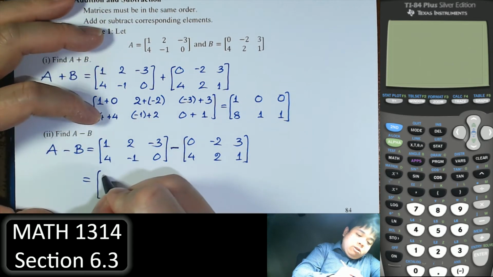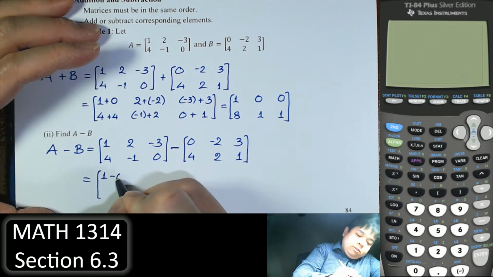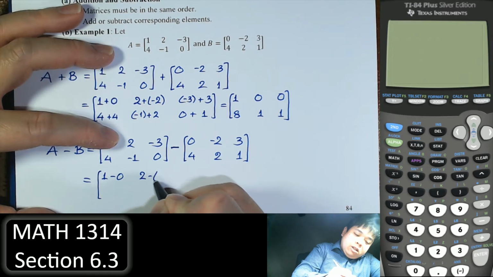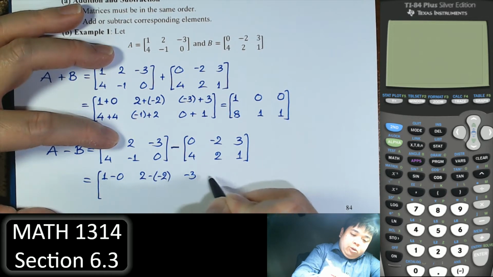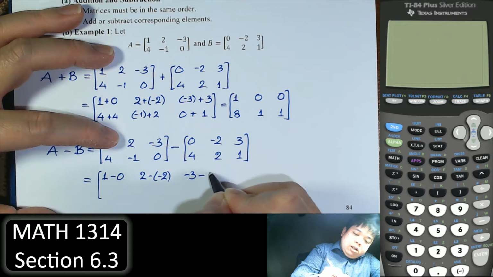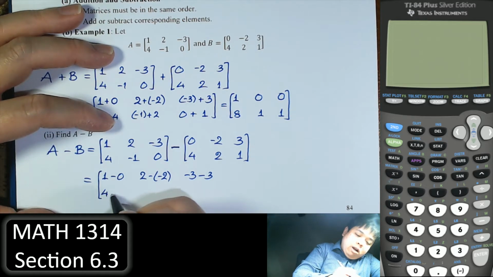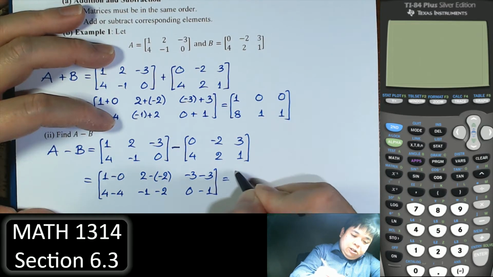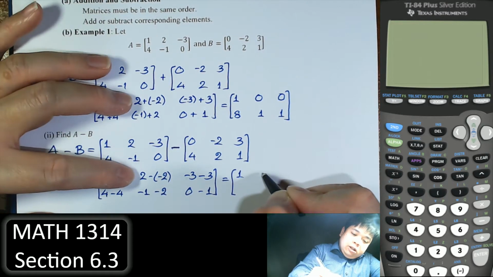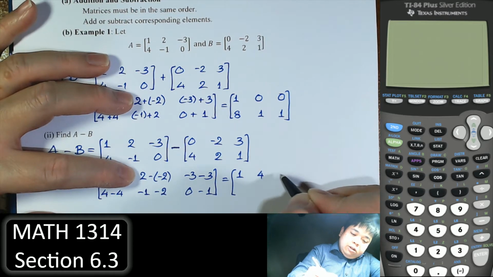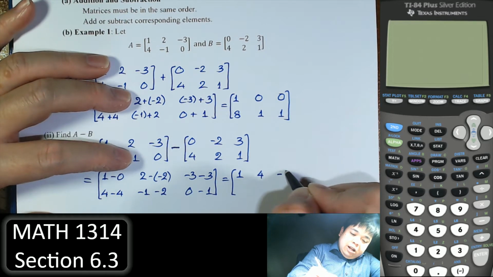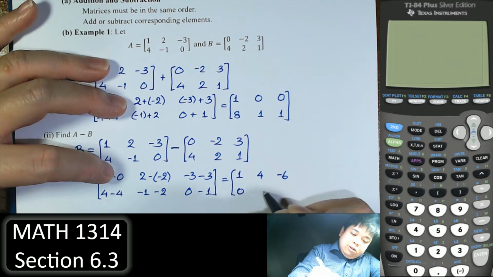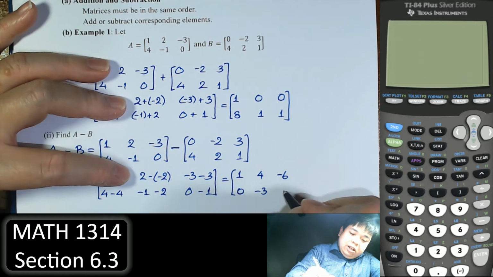So 1 minus 0, 2 minus negative 2, negative 3 minus 3, 4 minus 4, negative 1 minus 2, 0 minus 1. So we have 1, 4, negative 6, 0, negative 3, and negative 1.